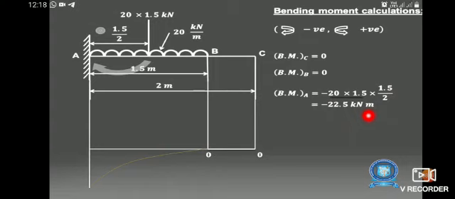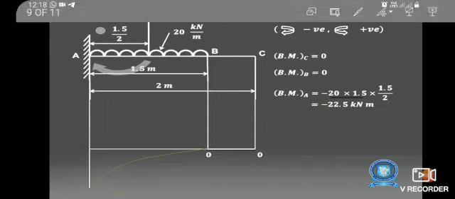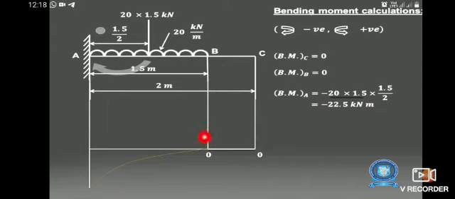Next we draw the bending moment diagram. The bending moment at C is 0, and at B point is also 0. Next, the bending moment at A point is minus 22.5 kilonewton meter. So you can draw the curve in the downward direction. That is A point, minus 22.5 kilonewton meter. We mention a curved line because the UDL load is applied.